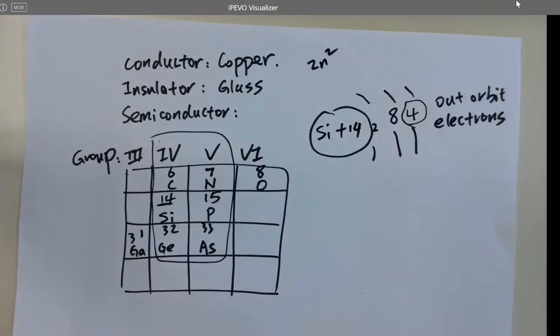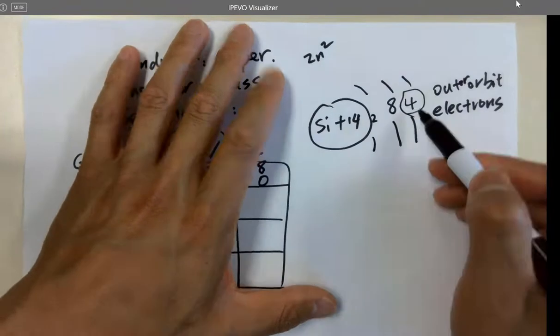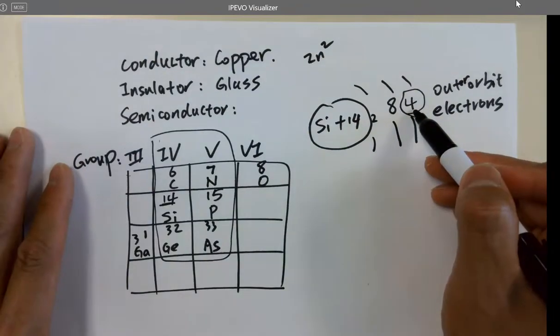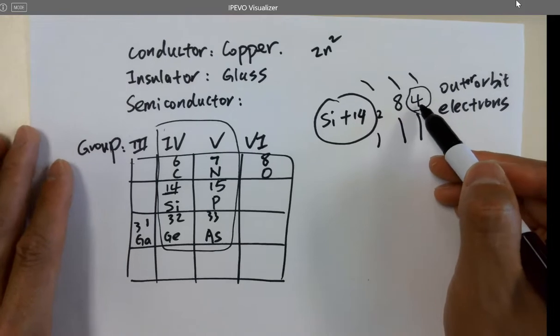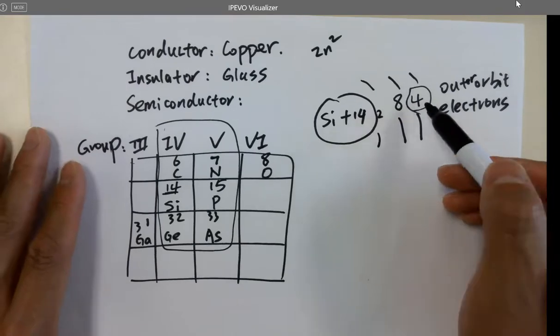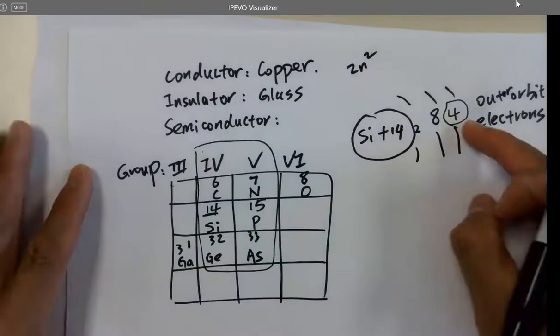I think so, yeah. Some of them, like chlorine, can get more than 8 in the outer shell. You see, it's not 1, not 2, so that's why it's not a conductor. If there's only 1, which means not too many of them are there, it can freely move to other places. That's usually a conductor.